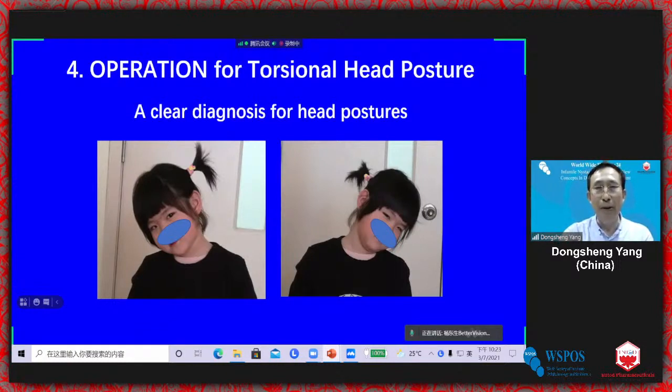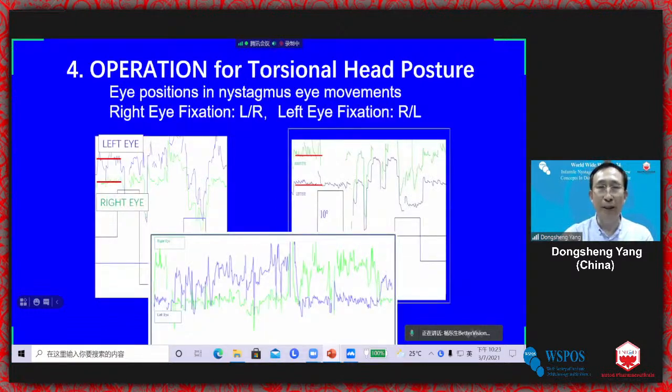Now you can use the eye movement recording system to figure out how the eye position changes. As you can see here, when the right eye fixates, the left eye is higher than the right eye. When the left eye is fixated, the right eye is higher.